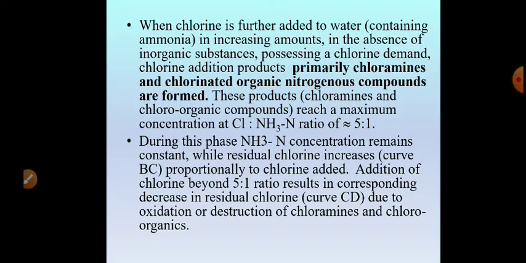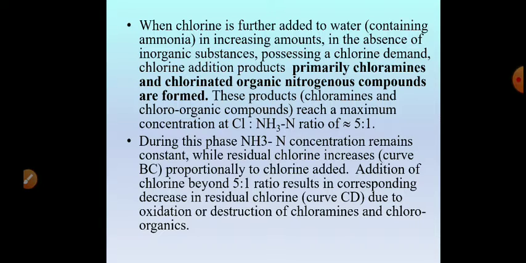Now these products, that is chloramines and chloroorganic nitrogenous compounds, reach a maximum concentration at what point? When the chlorine to ammonia nitrogen ratio is approximately 5:1.